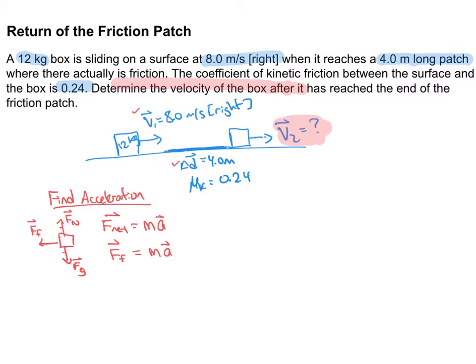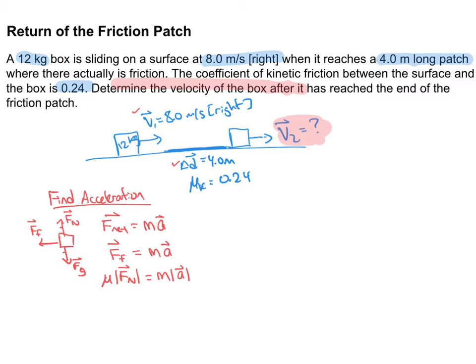And hopefully you're starting to get an idea of how we're going to end up solving for the acceleration here. We're going to get the force of friction, and then we're going to divide it by the mass, and that'll isolate for acceleration. So we're going to use our formula for the force of friction, which is mu times the normal force. That only gives us the magnitude of the force of friction.